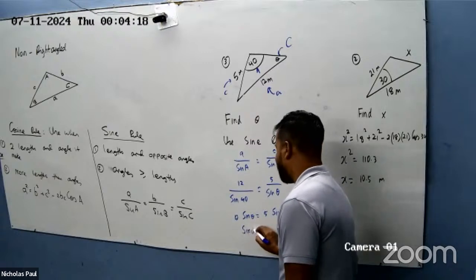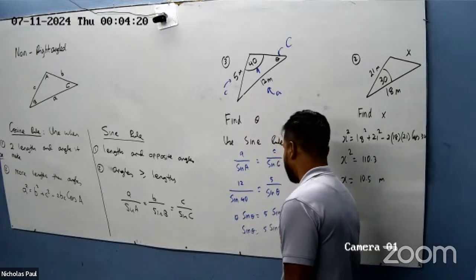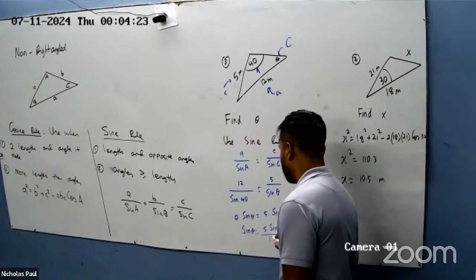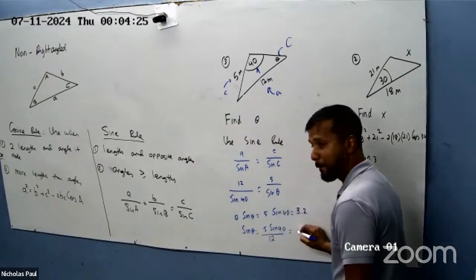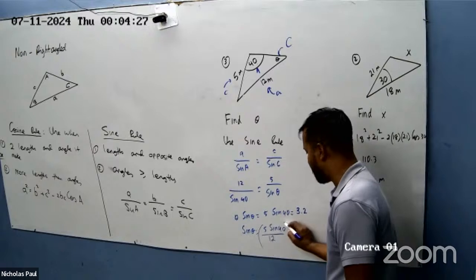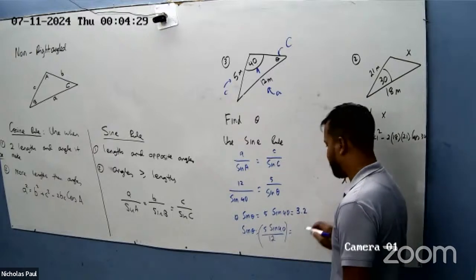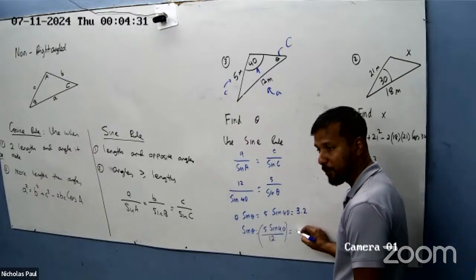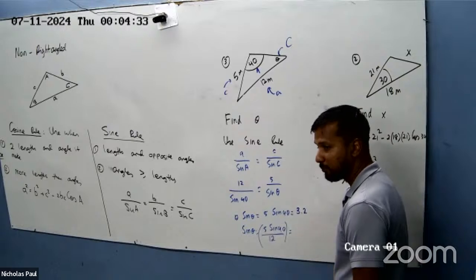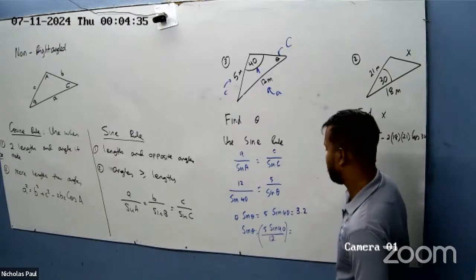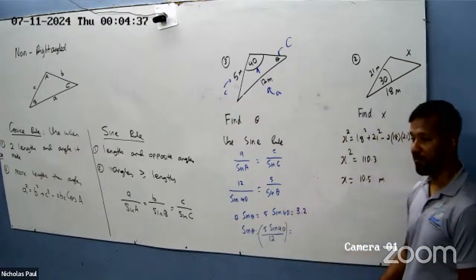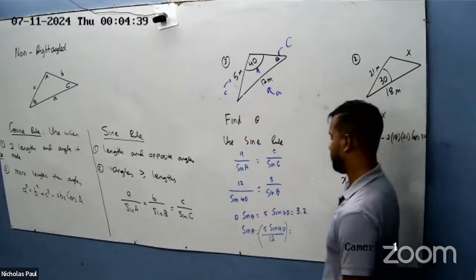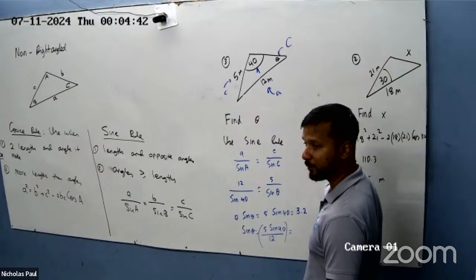So you'll get sine theta is equal to 5 sine 40 all over 12. When you work this out, how much did you get? Just bring across the 12 and then do the whole thing. So you don't round up.